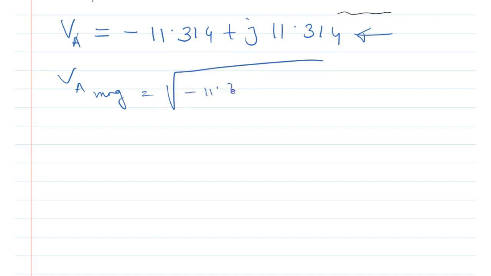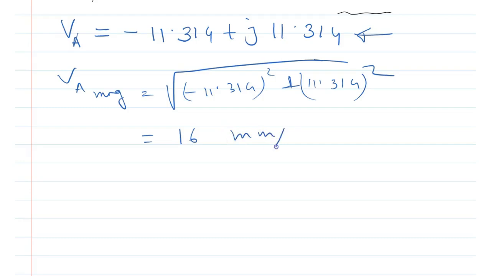So 11.314 squared plus 11.314 squared, and the magnitude we get is 16 millimeters per second. Alright, so that is our magnitude. Now we need to find the angle.